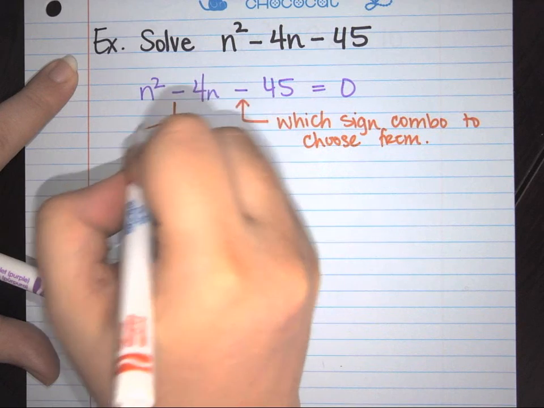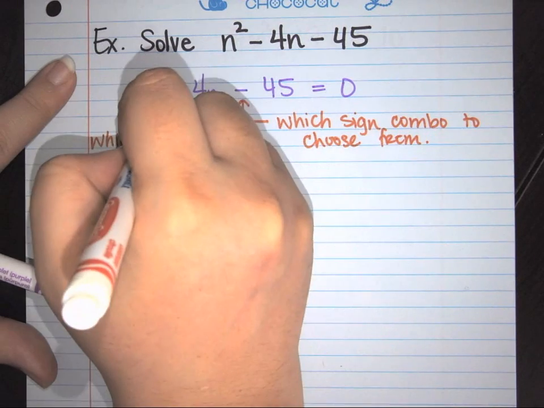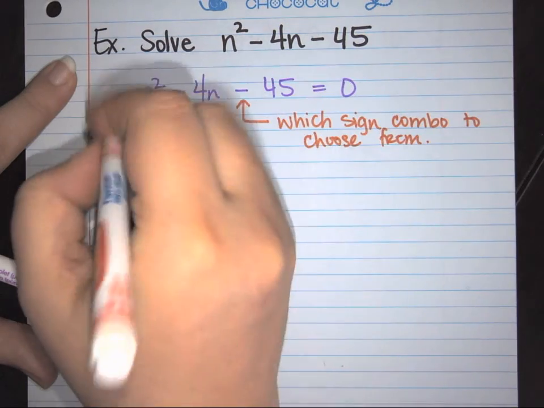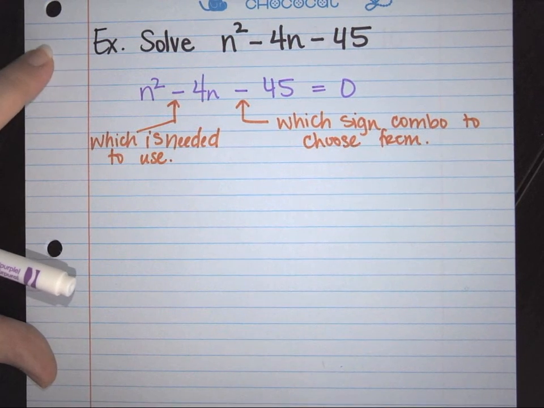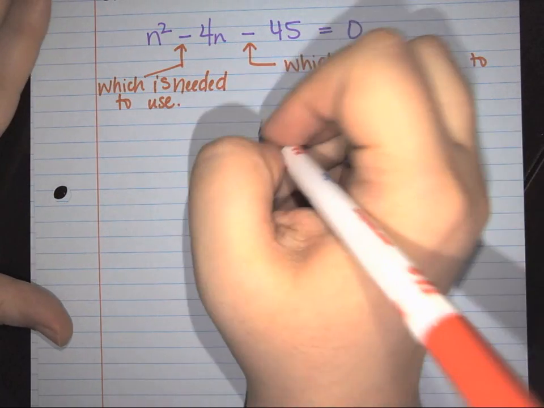And then the front sign tells you which is needed to use. Okay? So when we're talking again about sign combinations, we are talking about the following.